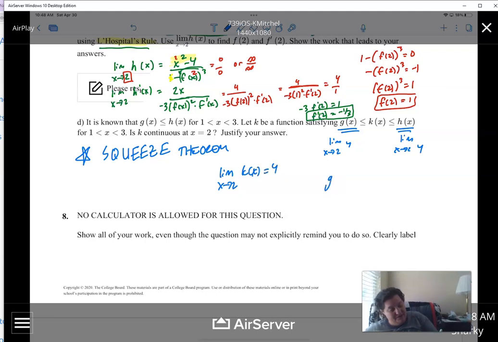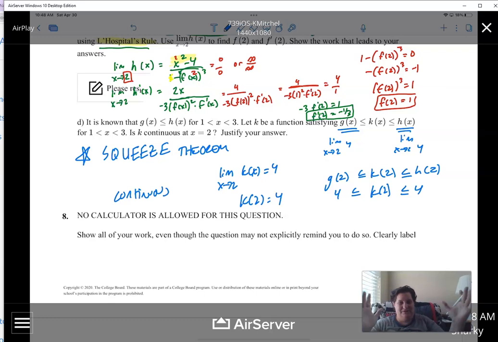And if G of 2 is less than or equal to K of 2 is less than or equal to H of 2, and if that's 4 and that's 4, then K of 2 has to equal 4, and therefore it's continuous. But just think about it like squeezing together. So not one we've done a ton, but kind of glad that one showed up there.